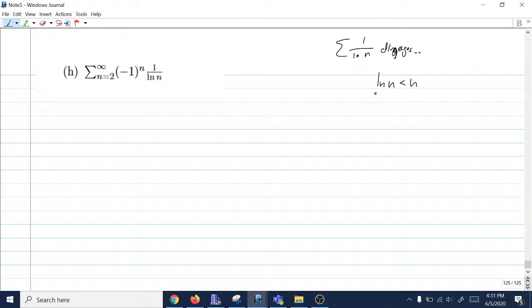That works, but the fact that natural log n is less than n feels maybe not so obvious that I can just say it without justifying it. And justifying it seems rough. Is there a more direct way to get that it diverges? Can I integrate 1 over log x? I don't really want to.